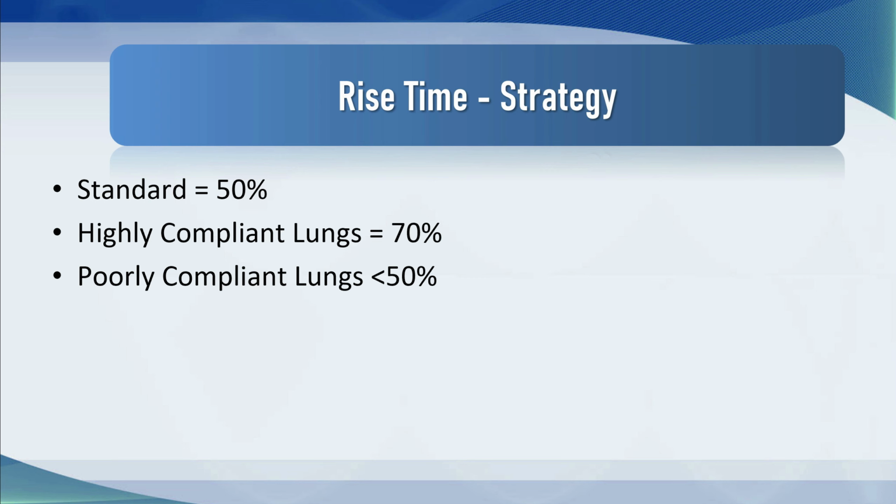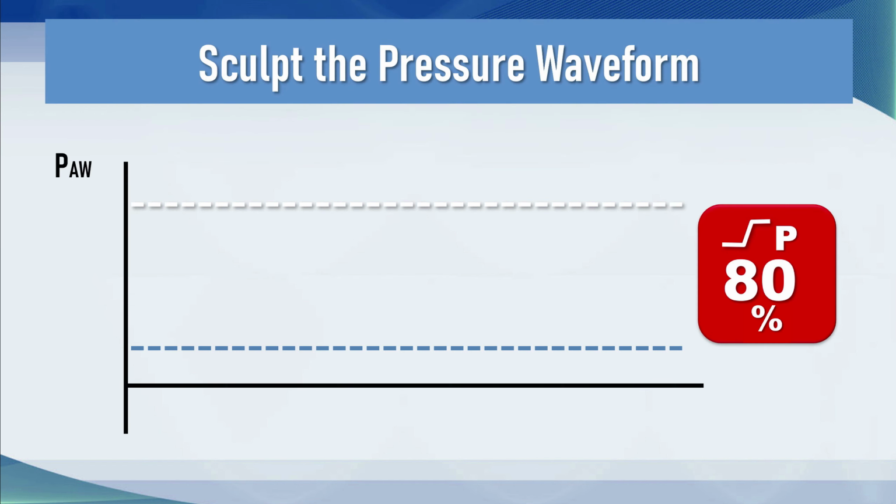If they're poorly compliant, for example, if a patient is recovering from ARDS, if that's fibroproliferative disease, if they have dense consolidation but they're oxygenating reasonably well, if they have pulmonary fibrosis, you might want to slow that down and give the gas flow a chance to get into the lungs so that it doesn't slam against the lungs and then cycle to expiration too quickly.